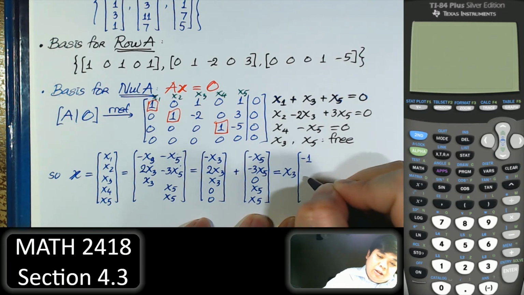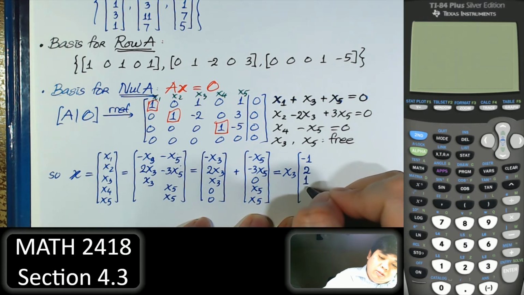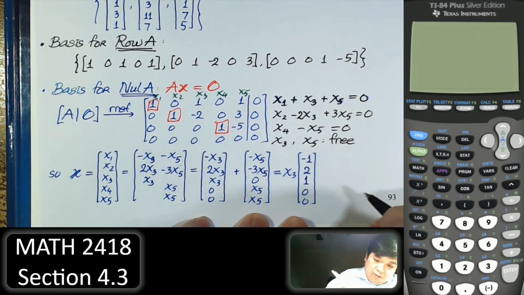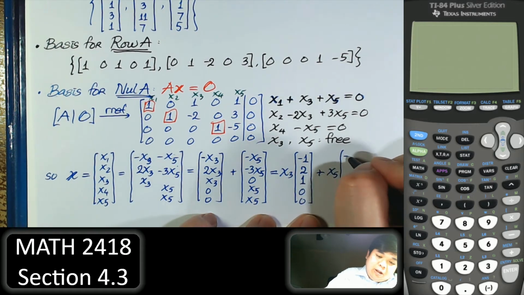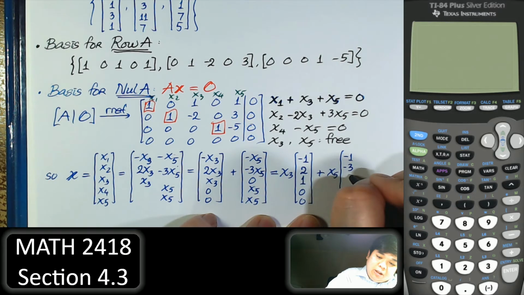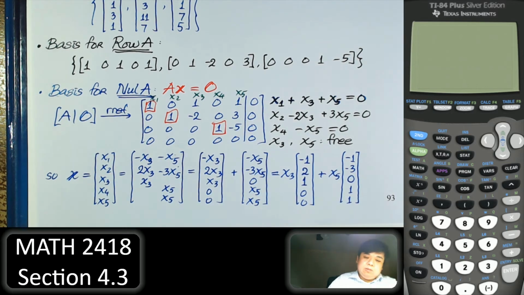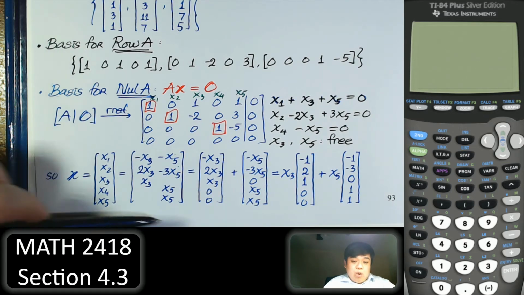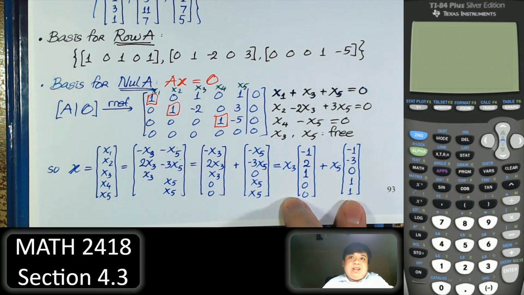Negative 1, 2, 1, 0, 0, and then x5 times negative 1, negative 3, 0, 1, 1. So we can say that the solution will be in this form, which is the linear combination of these two vectors, and obviously these two vectors are linearly independent, so they will form the basis.